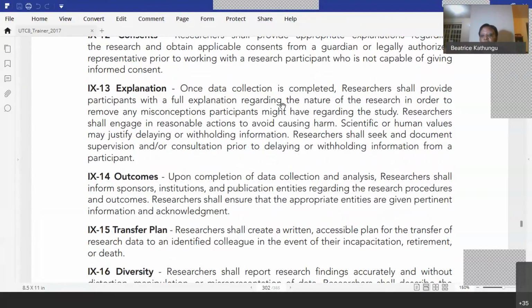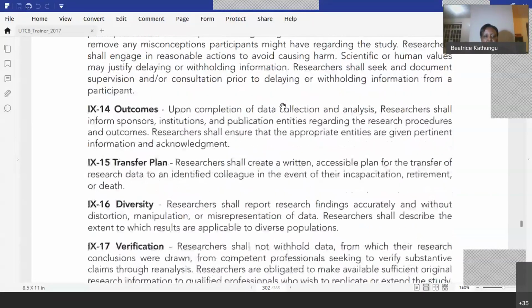Some of them keep waiting for your goodies to come and they never come back. So we're being told we have a responsibility to provide that explanation, and we need to engage in reasonable actions to avoid causing any harm. And of course, the issue of human values is emphasized, amongst other things. Then number 14, which is very important, is talking about outcomes of research.